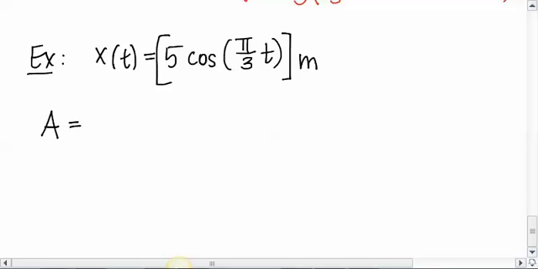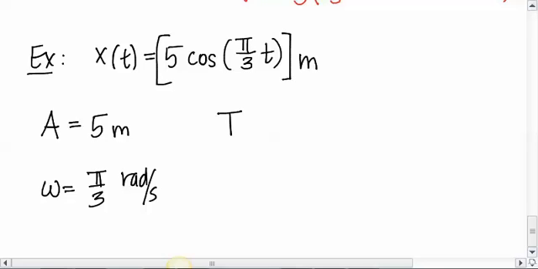It's 5. The maximum distance is 5 meters. I put my unit out here at the end. All right, what about the angular frequency? Would that be pi over 3? Radians per second?